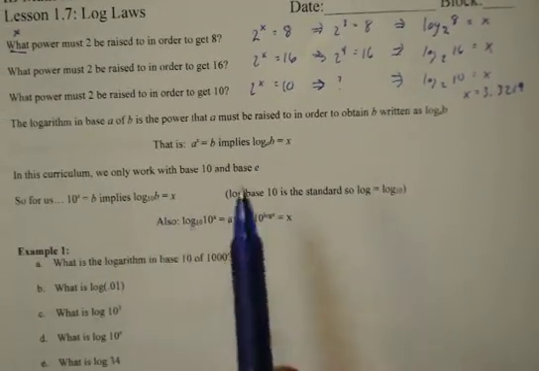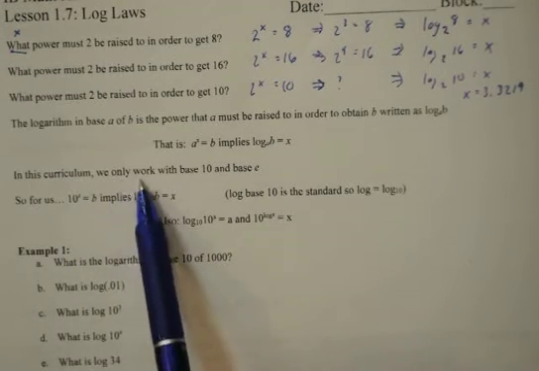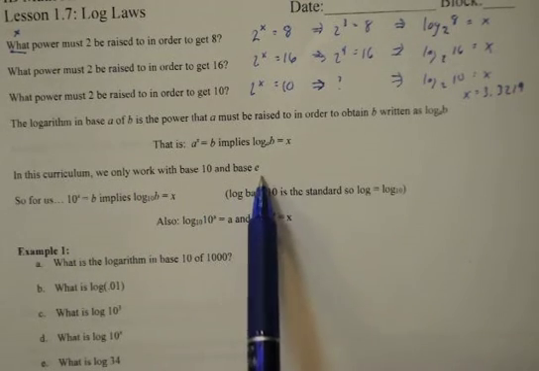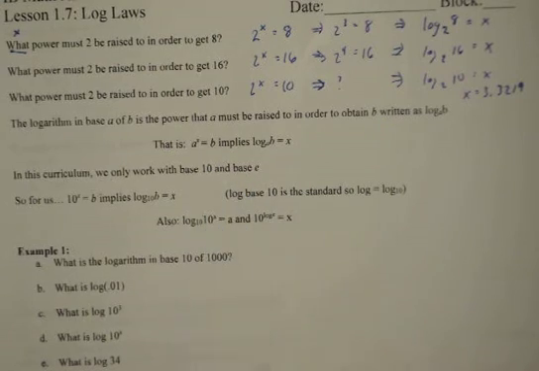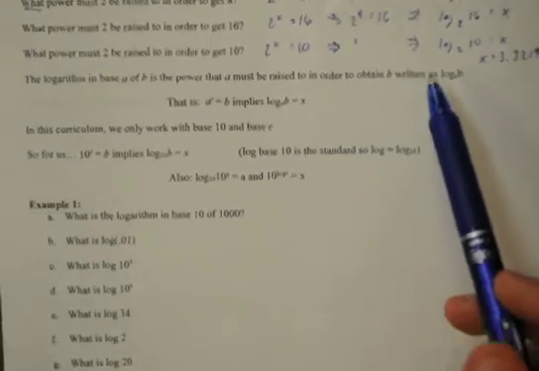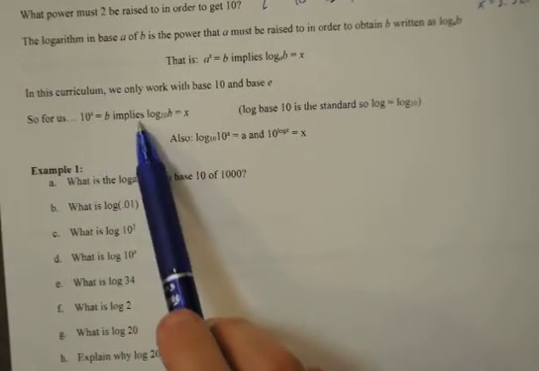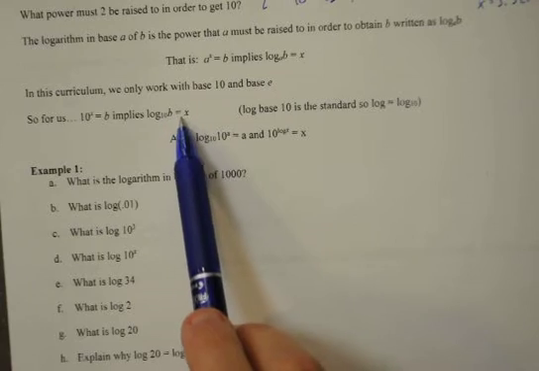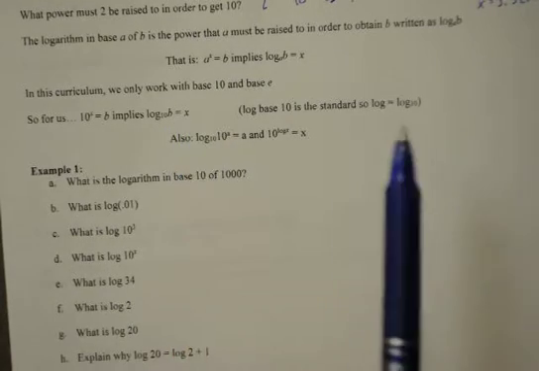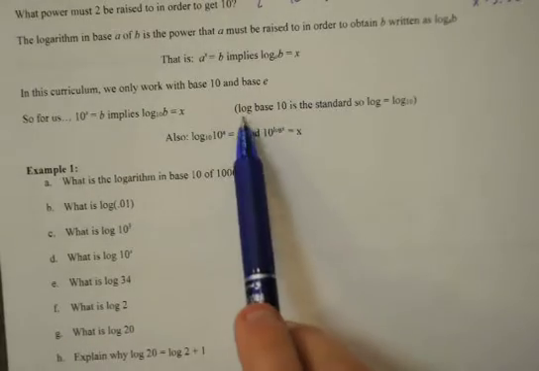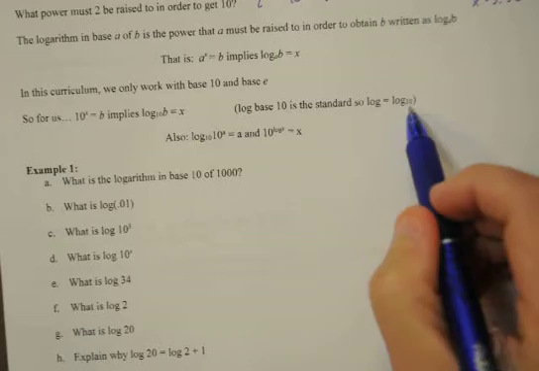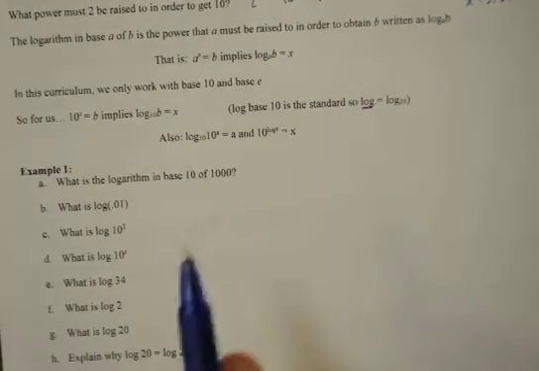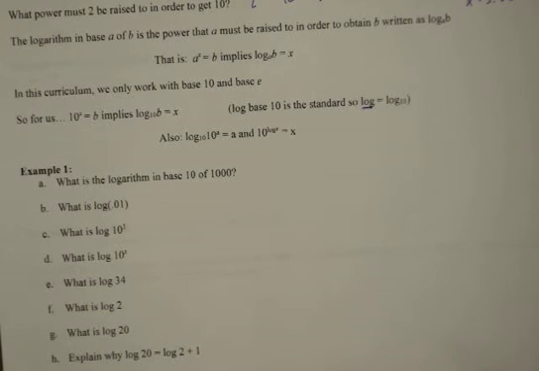Now, in this curriculum, we narrow it down to only work with base 10 and base e. Base e is called the natural logarithm, and base 10 is just the standard log. So for us, 10 to the x equals b implies log base 10 of b equals x. Log base 10 is the standard, so you won't see the base written; you'll just see log. Whenever you see just regular log, it's implied base 10.